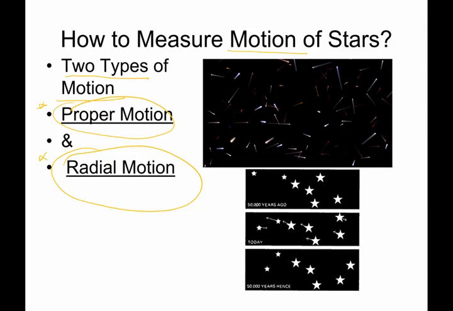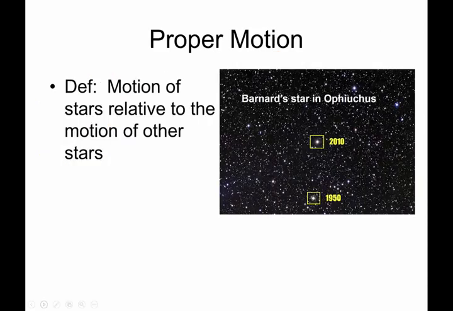So when we talk about proper motion, what we're referring to is a star moving relative to other stars in its background. Classic example is something called Barnard's star, and Barnard's star is famous because it has a relatively fast proper motion.